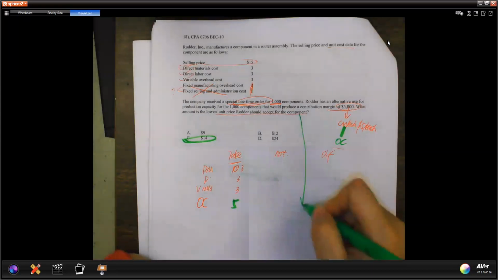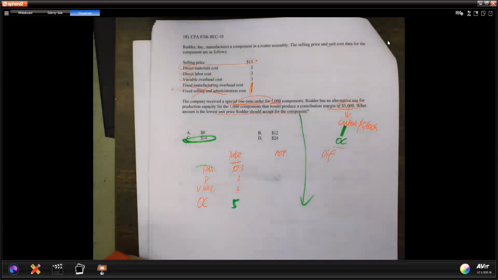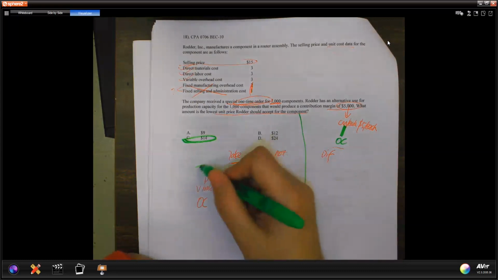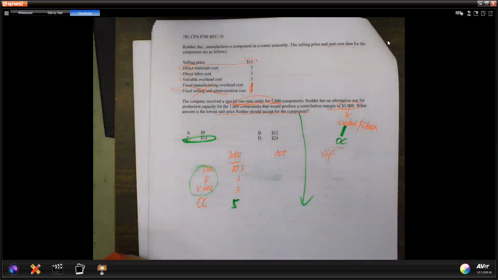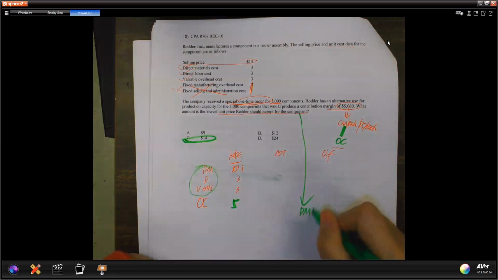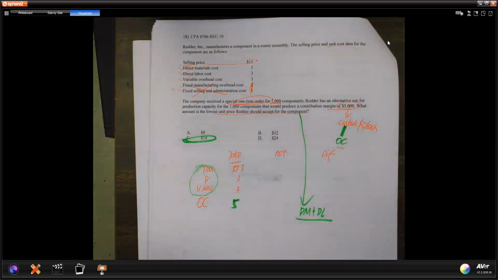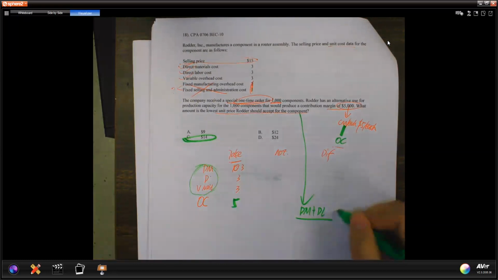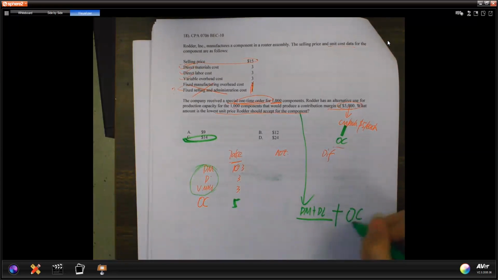So the minimum price you should think about is all of the relevant costs, like direct material, direct labor, or whatever. We talk about those relevant costs, but you still need to add the opportunity cost.